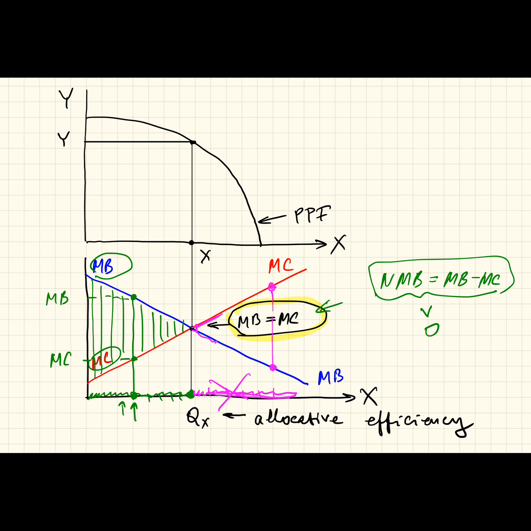When you add all those net marginal benefits for all units you produce up to the point of allocative efficiency, you end up with something called total surplus. And that allows us to make a connection to the story of market equilibrium.